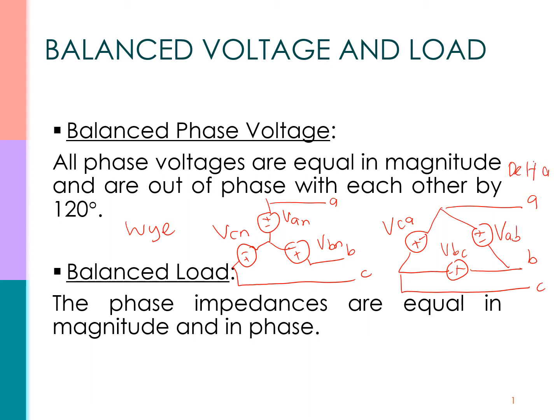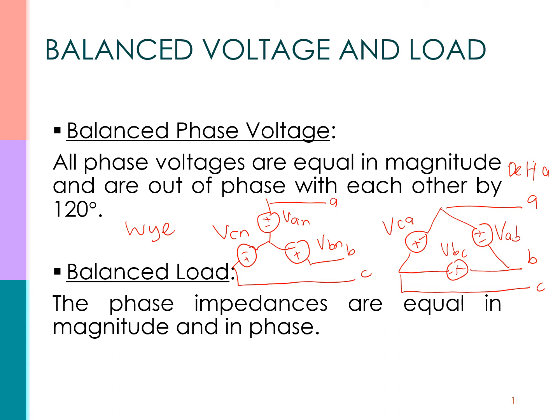So for a balanced load, we also have Y connected load and delta connected load. The phase load can be either Y connected or delta connected depending on the end application.